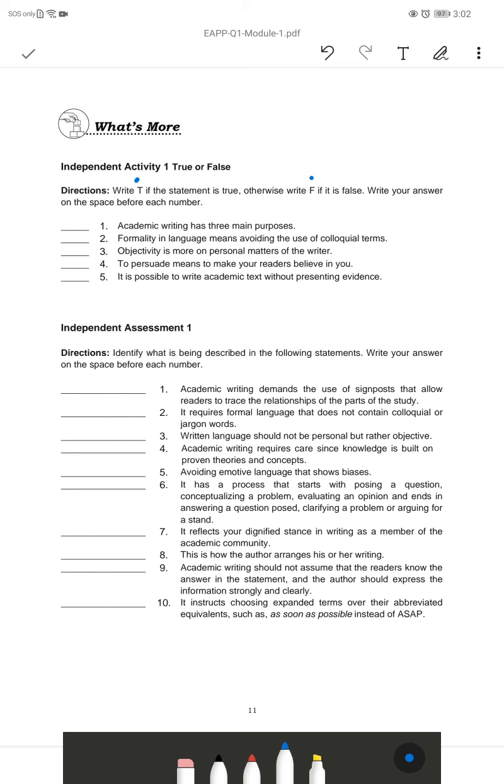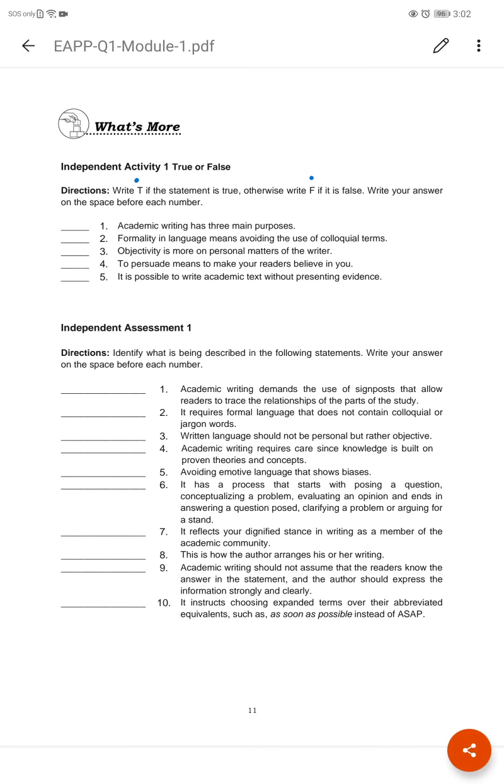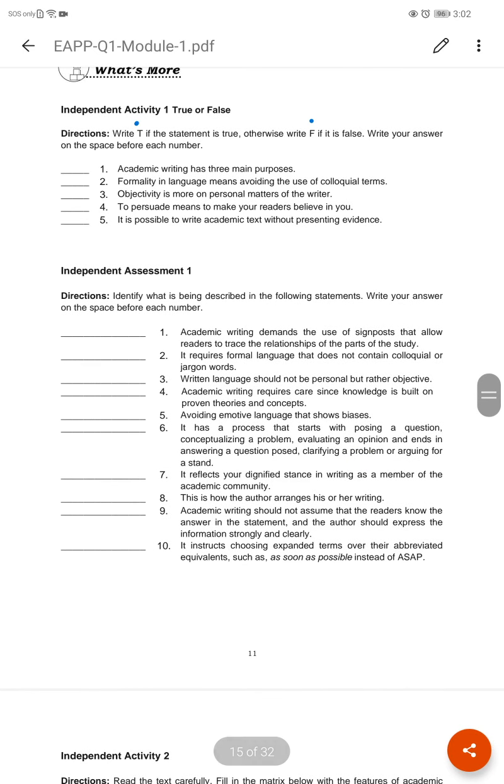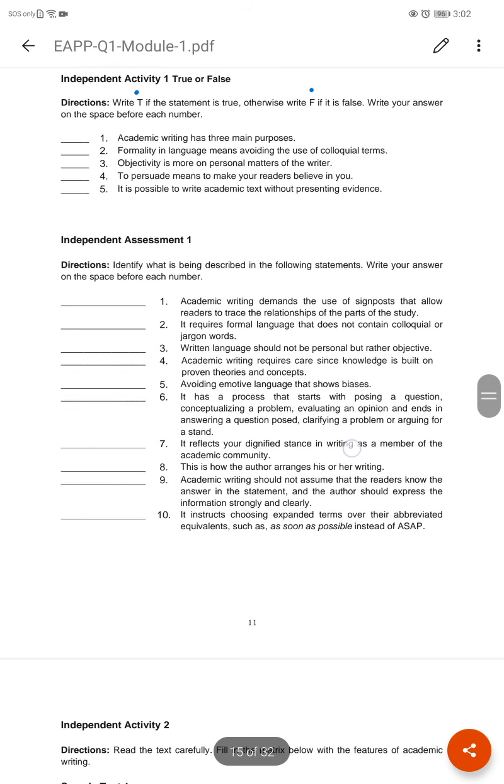Write your answer on the space before each number. So on your paper, kindly write there independent activity 1, 1 to 5, and then write your answers there according to this. Okay? You just have to identify whether the statement is true or false. Again, write only T if it is true, and write only F if it is false.